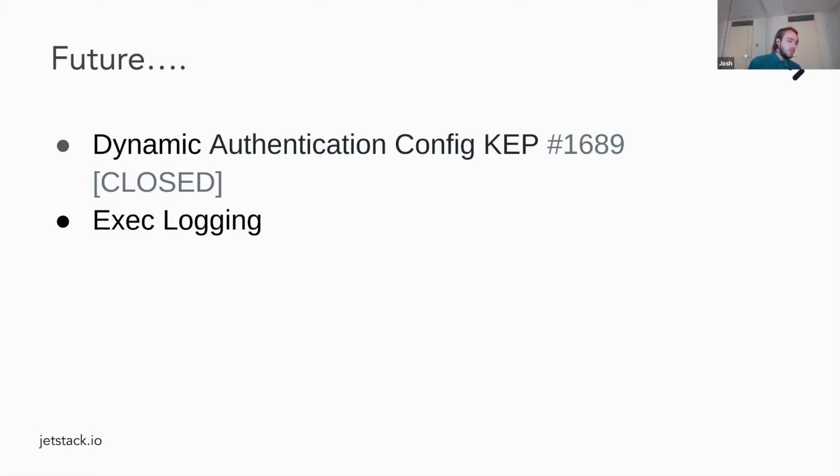There was a recent proposal to Kubernetes for dynamic authentication config, whereby you could control the OIDC configuration that we were talking about earlier on the API server flags, configuring that using Kubernetes resources, but it ended up getting closed, mostly because the Kubernetes project has concerns around the separation of concerns for control plane configuration and generic Kubernetes resource configuration, so the workloads.